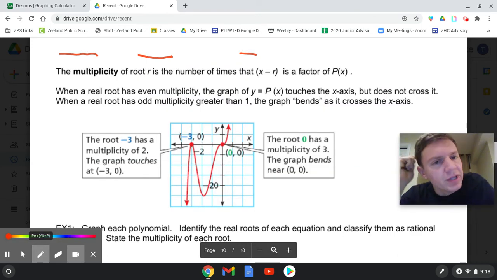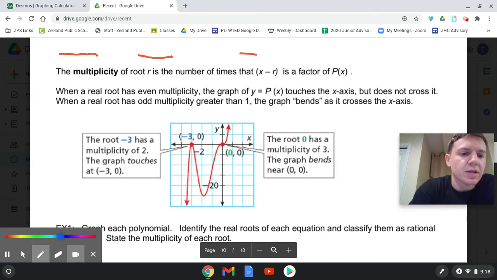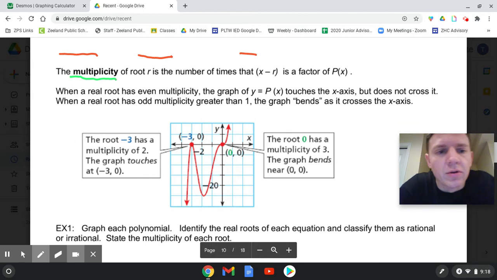We have this really unique thing called multiplicity when it comes to graphs and roots. Sometimes a specific root, or a factor, can appear multiple times in a polynomial. For example, x squared plus 4x plus 4.